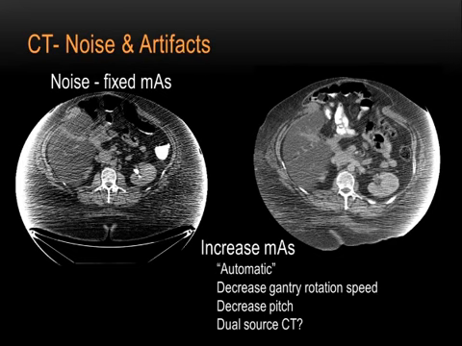Well, one of the things that we find very useful is that if you know what organ or region of interest you are looking for, for example, in this case, we were looking for the liver, you can just off-center the patient, move him to the other side so that your region of interest comes in the somewhat relative center of the gantry. Now, not all large patients will allow you to do that because they are quite large.